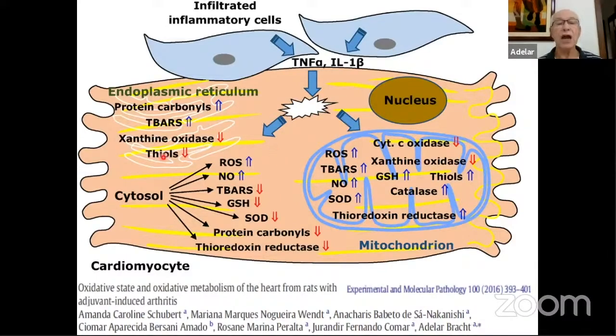For example, thiols are increased in the endoplasmic reticulum, but decreased in the cytosol, but increased in the mitochondria. The extent of the effects may be different, but in general, the same parameters that are modified in the liver are also modified in the heart.